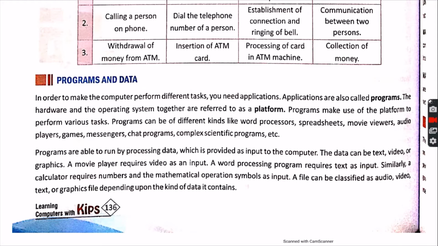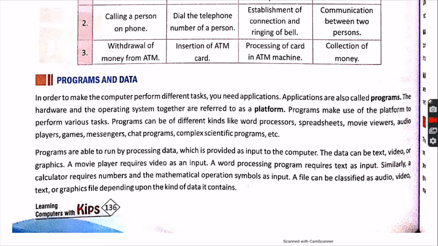So see, now the concept comes here: what is data and what is the main relationship between the data and the program. Actually here you should be very clear that all programs need different data, means programs are also made according to the data they process. For example, word processing needs text.